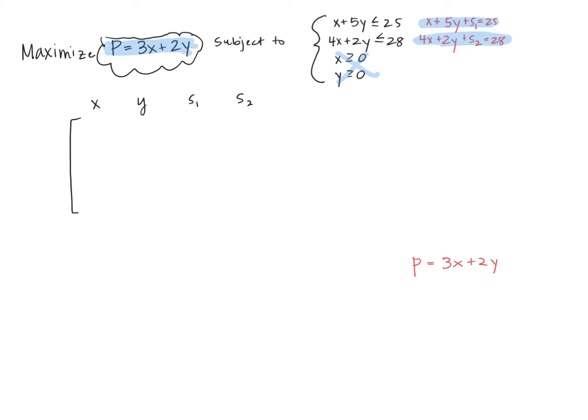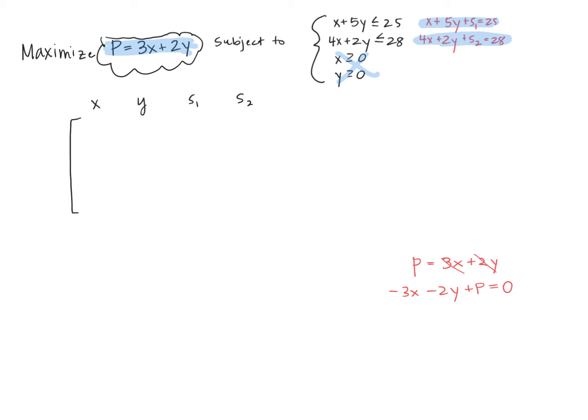That means I want to move everything to the same side and set it equal to 0. I'm going to move everything to the same side as the p, so I can keep p positive. So that would be negative 3x, negative 2y, plus p equals 0. So I moved the 3x by subtracting, and I moved the 2y by subtracting, so those 0 out. And now I have this equation, negative 3x minus 2y plus p equals 0.